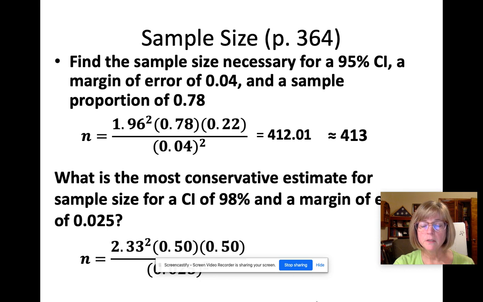Most conservative leads us to a p-hat value of 0.5 and a q-hat value of 0.5, and our margin of error is 0.025. So 2.33 squared times 0.5 times 0.5 divided by 0.025 squared gives us 2,176.56, which always rounds up, and we're going to round up to 2,177.